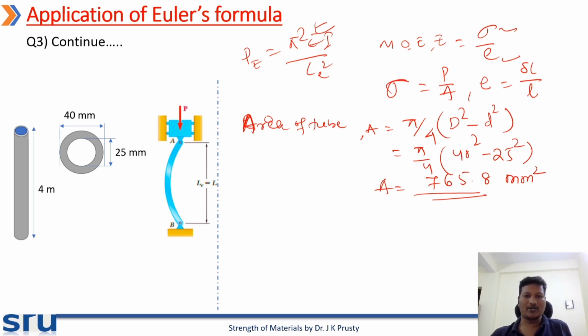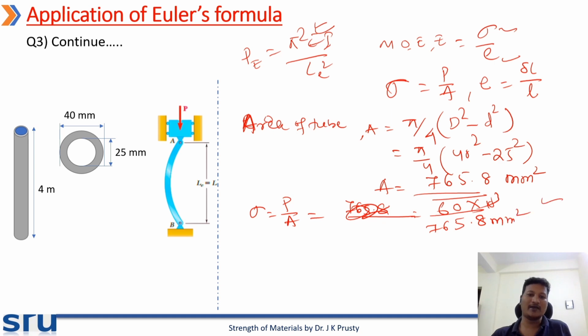Now we can calculate sigma is equal to P by A, 60 into 10 to the 3 divided by 765.8. This is sigma.